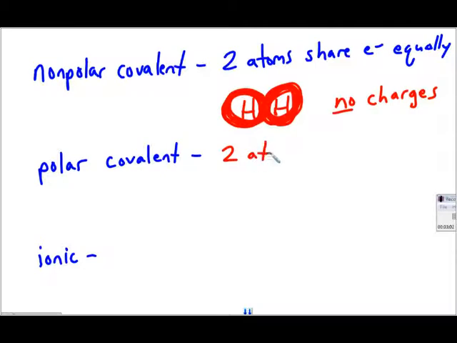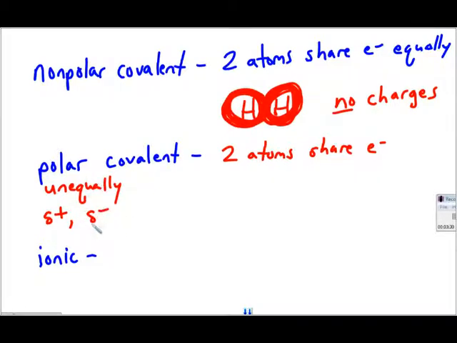All right, another option, polar covalent. This is when two atoms share electrons, but now they're going to share them unequally. This means one atom is more electronegative than the other atom, and the electrons are going to spend more time around the one atom than the other. So when this happens, one atom is going to be assigned a partial positive charge, the weaker, the penguin of the group, if you refer back to the comic strip in this lesson.